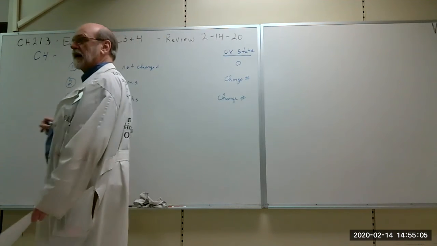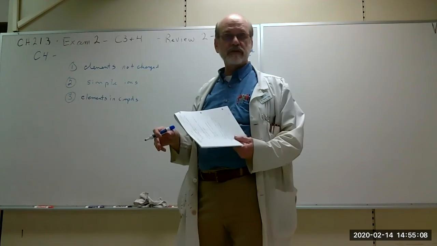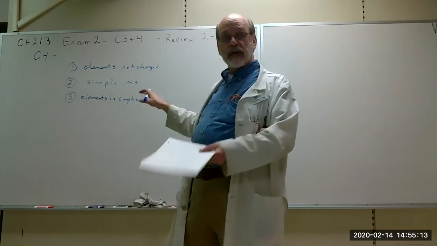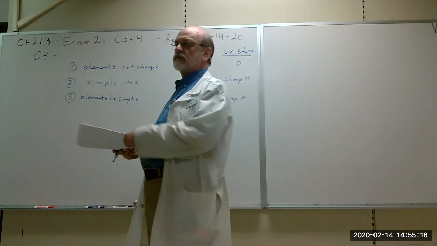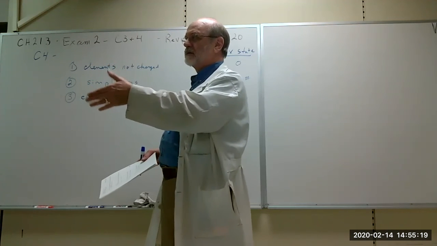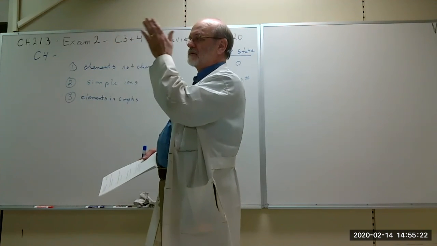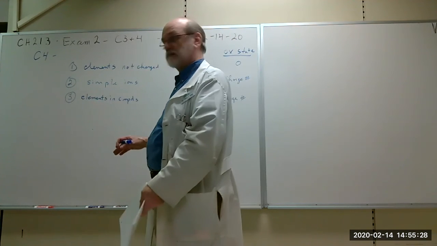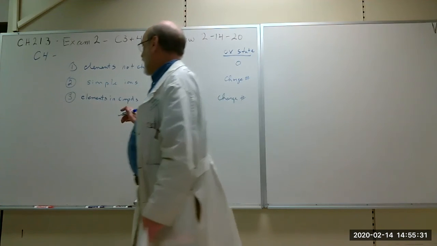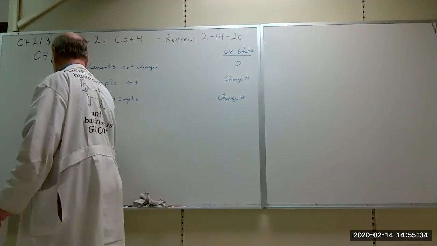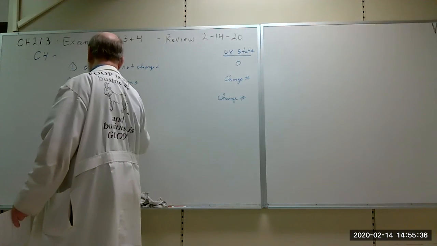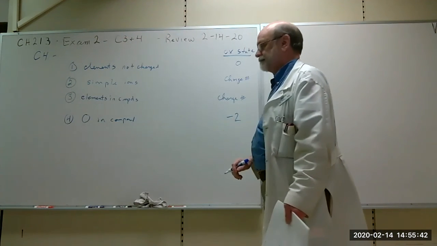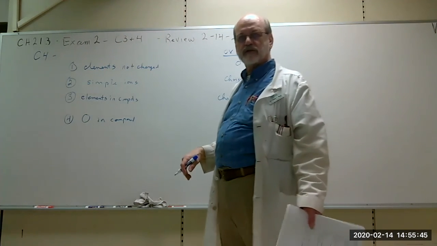So that being said, you have type 1, type 2, and type 3. Well, the only ones that matter for this one are the type 1s and 2s. So the type 1s are fixed charge. So anything that comes from alkali metals, alkaline earths, halogens will be the fixed charge. Then we have oxygen in a compound is -2, unless it's a peroxide, and then it's -1.